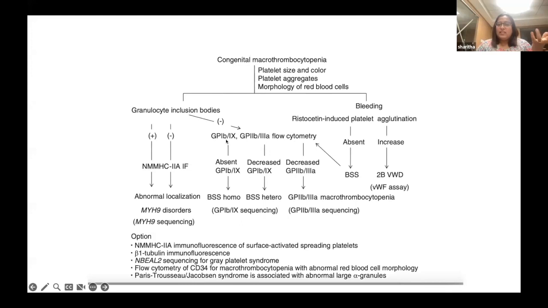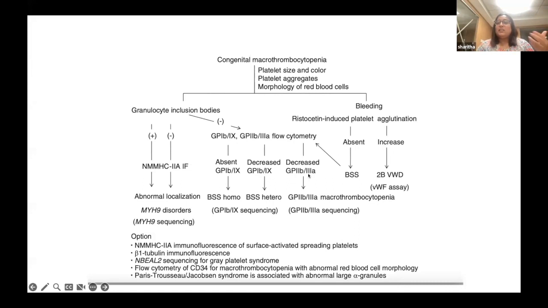So if GP1BB is absent, then it goes in favor of Bernard-Soulier syndrome. If it is just decreased and not completely absent, then we'll have to suspect a heterozygous variant of BSS, as I mentioned, Mediterranean macrothrombocytopenia, or the Bolzano variant, or the velocardiofacial syndromes.